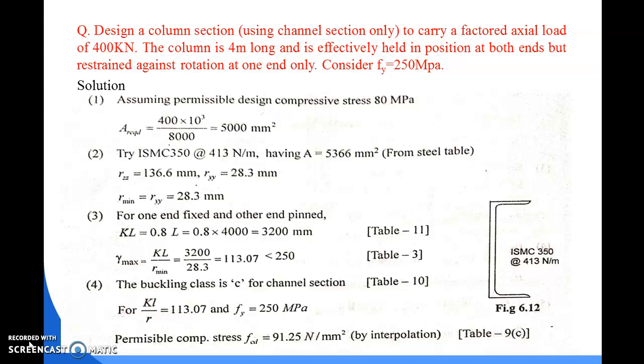According to this slenderness ratio, we will find out the FCD value from table number 9. As we know, in method 2 we can directly find out the FCD value from table number 9.